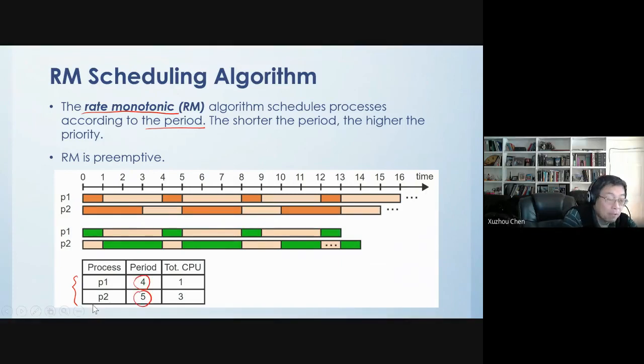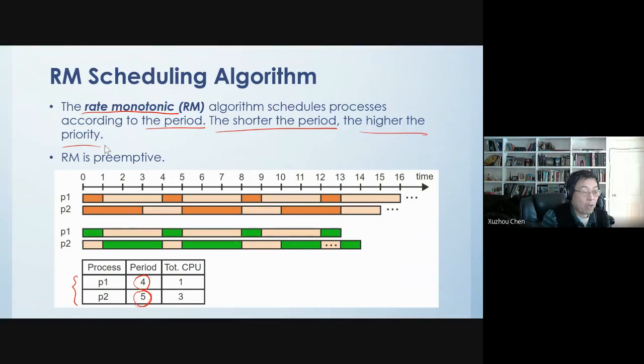That means the first process, once it requests the CPU, has to be processed and completed within 4 time units. The 4 basically means the time units within which the process has to be completed. Process 2 has a period of 5. The shorter the period, the higher the priority, because the process has more urgency to complete.